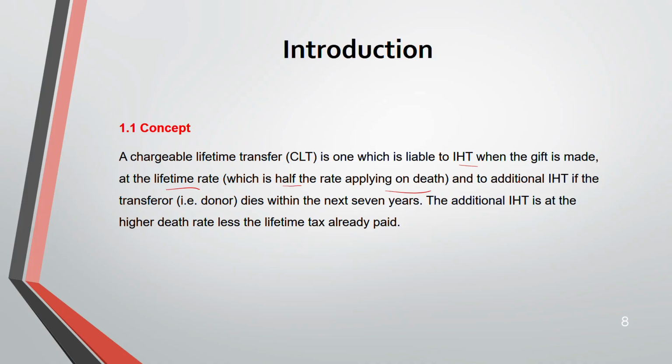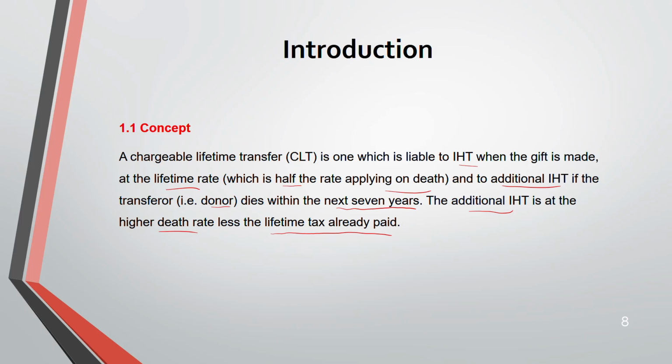There will also be additional IHT if the donor, the one who is giving the property, dies within the next 7 years of gifting. That additional IHT is at the higher death rate. Of course, at the death rate you will be paying the additional IHT, minus the lifetime tax that you have already paid.